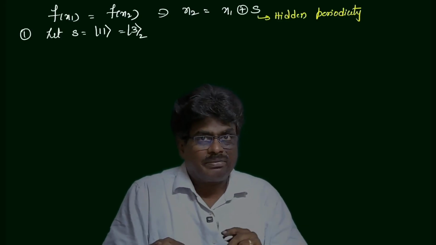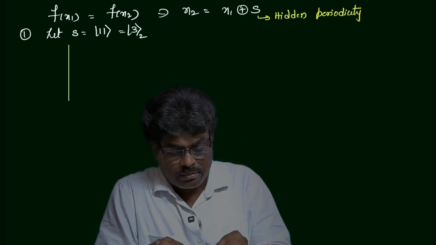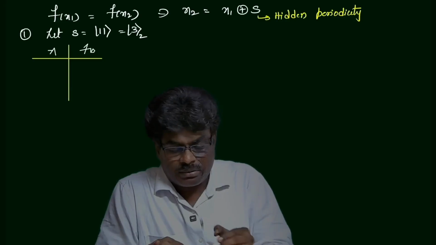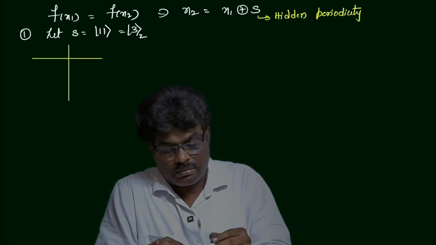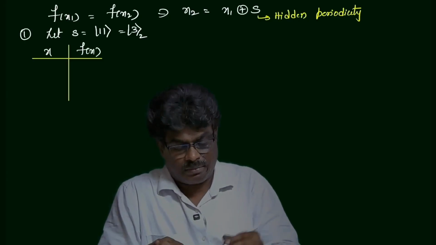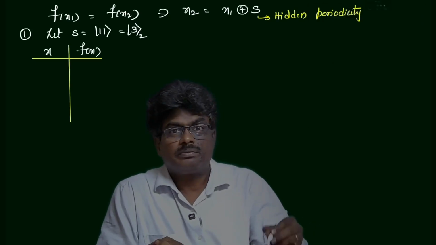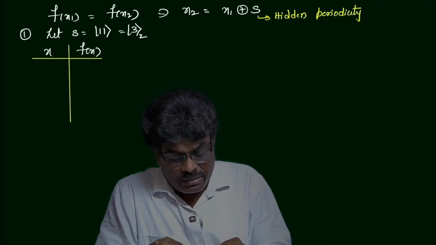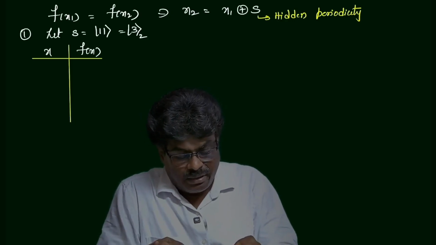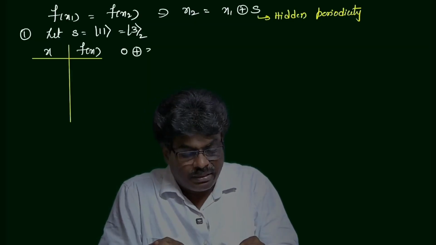How will we get the tabular form? So here we have a table with x and f of x. Now, for example, if you take 0 XOR, what is the variable? 3.